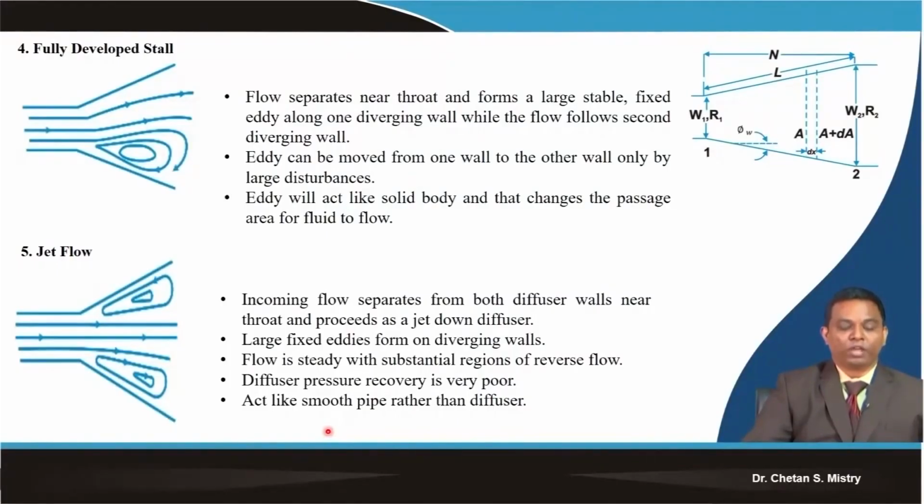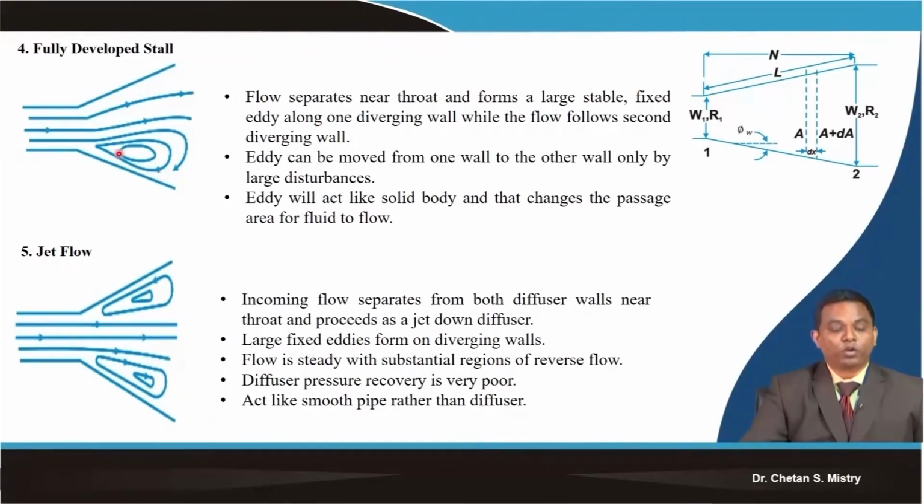So here, if you look at what is happening, my flow will get separated from one of the walls, and that gives flow reversal. You can say this is a region that is making an eddy. Okay. There is low momentum fluid present in that particular region. If I consider low momentum fluid, I can say that in that region my velocity will be nearly 0.